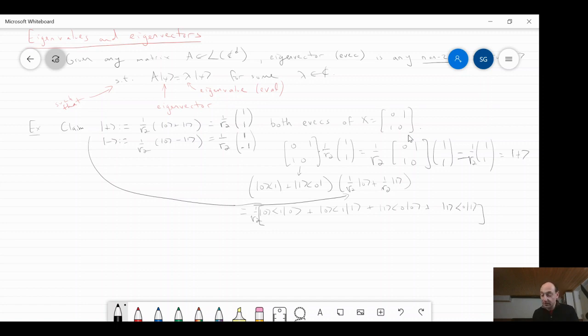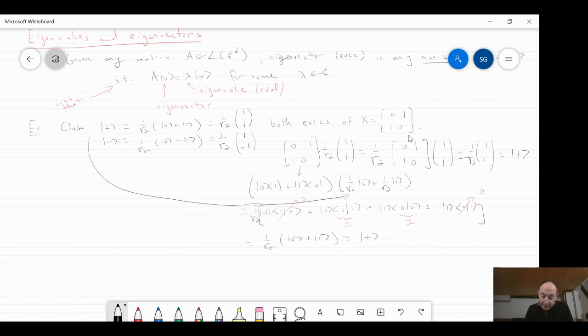Not all these terms will survive. This one dies off because you have the inner product of 1 and 0. Likewise here. The only ones that survive are these two, this one goes to 1, and this one goes to 1. And so we get 1 over root 2 times 0 plus 1. And that's just plus. So, bingo, no matrices required.